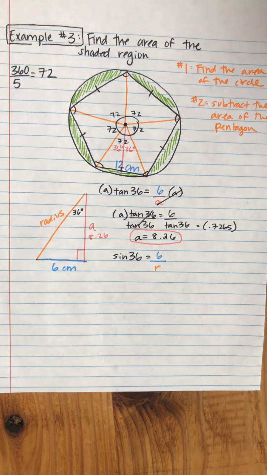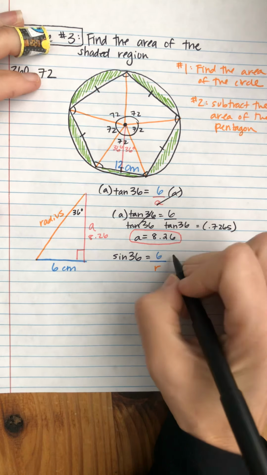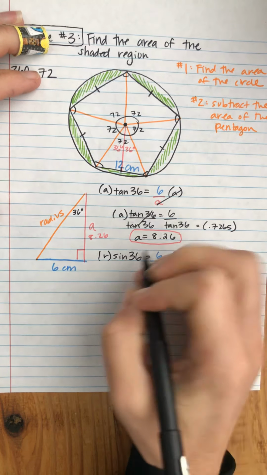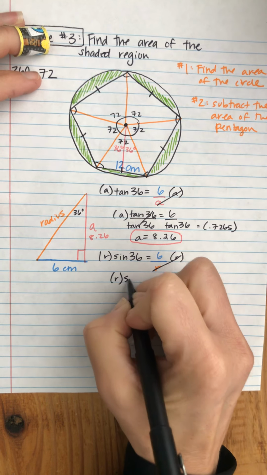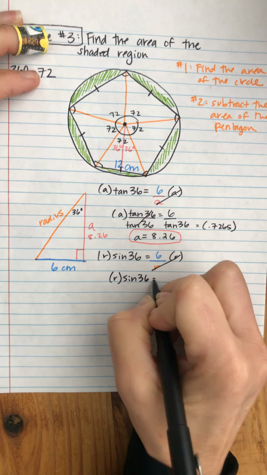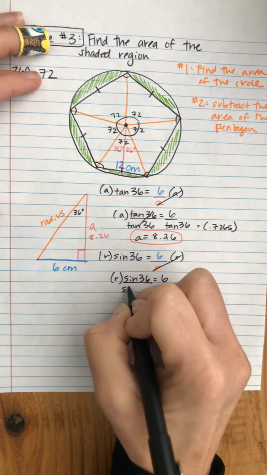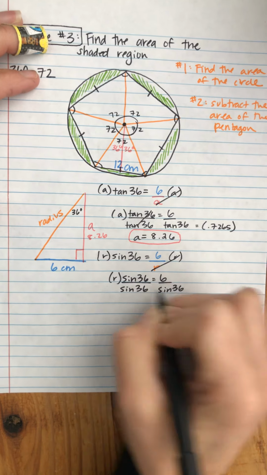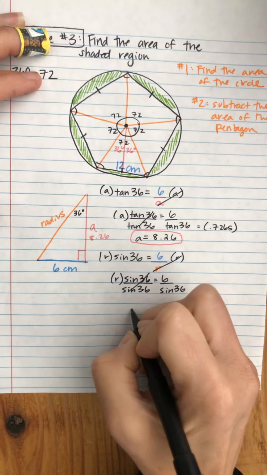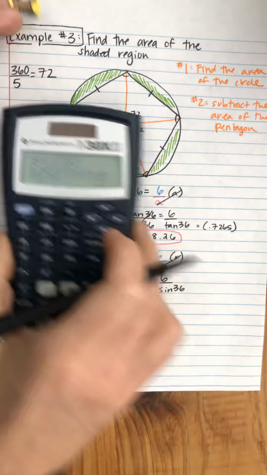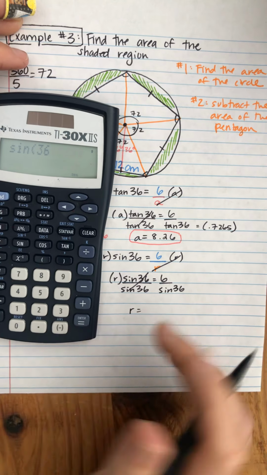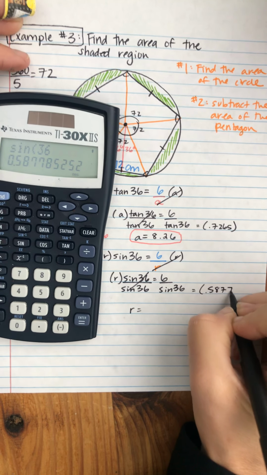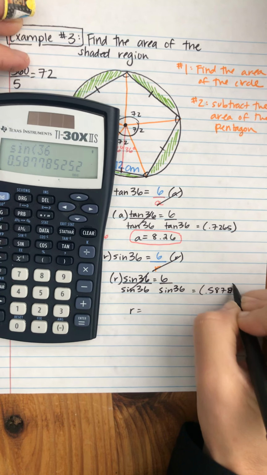And now I do the same exact thing. I multiply both sides by R to get rid of the denominator. R times the sine of 36 equals 6. Divide both sides by the sine of 36. Those cancel. And now I'm left with R equals 6 divided by the sine of 36. The sine of 36 is 0.5878.